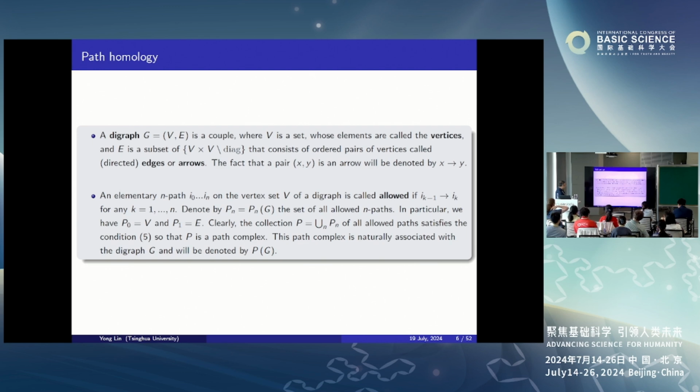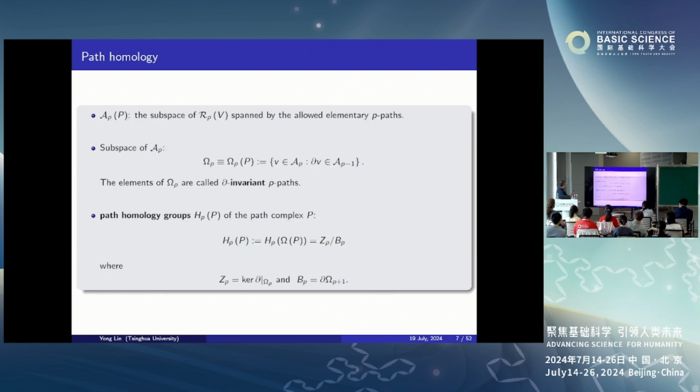For example, P0 is the weighted set V, and P1 is the edge set E. Clearly this satisfies the path complex assumption. In this definition we denote the path complex by PG. This is a path complex corresponding to a digraph.